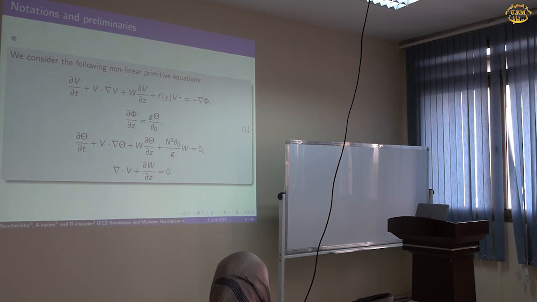For the primitive equations, we consider the following equations. Here we have the horizontal velocity, and W is the vertical velocity, and F is the Coriolis force. Phi and theta are the pressure and temperature perturbation.